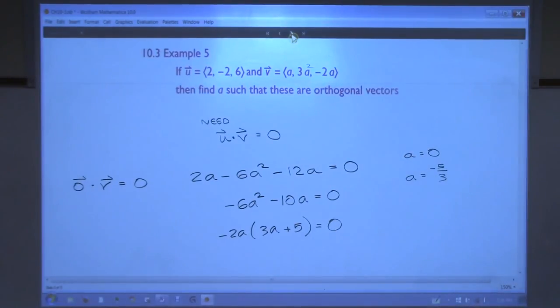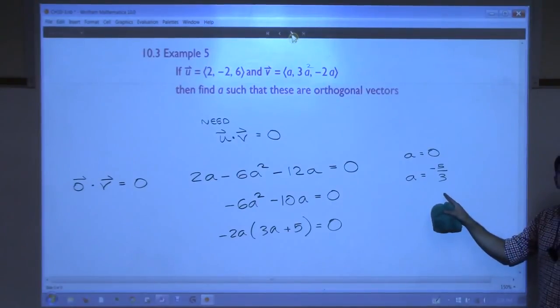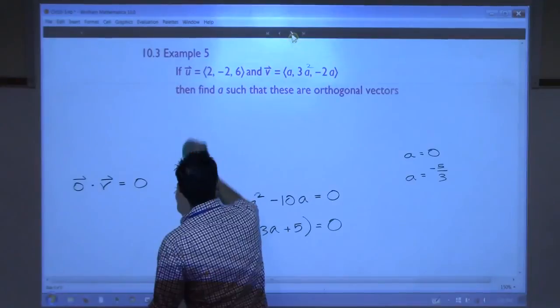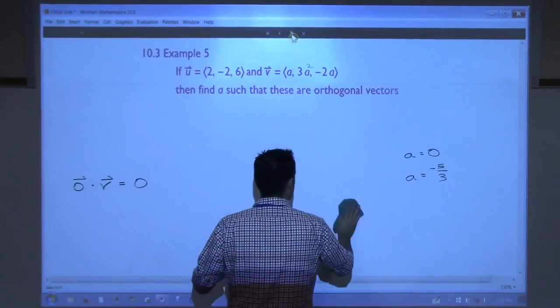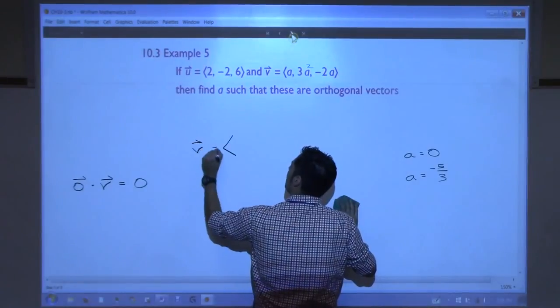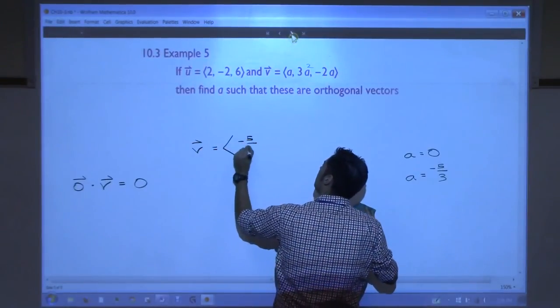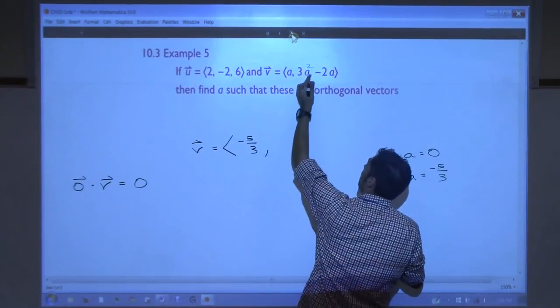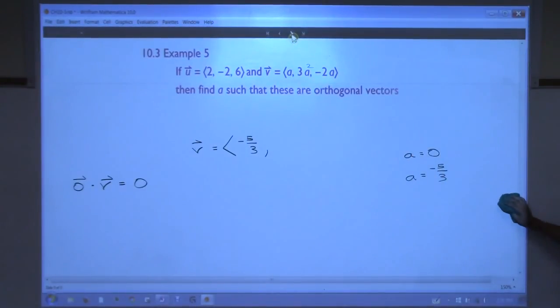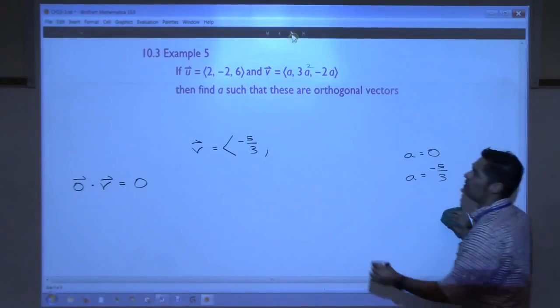But there's another solution that's not trivial, and that's this one. So I'm claiming that if A is negative 5/3, that should work. So let's go back and rewrite that vector, V. Negative 5/3. And 3 times negative 5/3 squared.